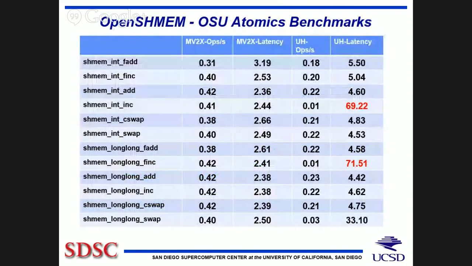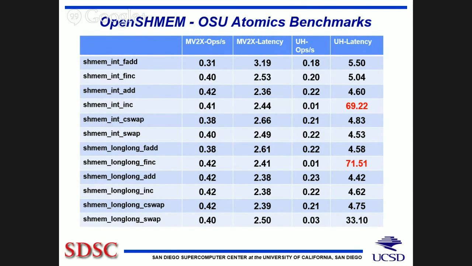You get the same kind of results with the atomic benchmarks. Again, if you look at MVAPICH2-X, you get pretty good latencies and pretty stable across the board for all the benchmarks. This is a bunch of additions and swaps and all kinds of benchmarks that you can go through. It's very stable and pretty good numbers, I think, all across the board.